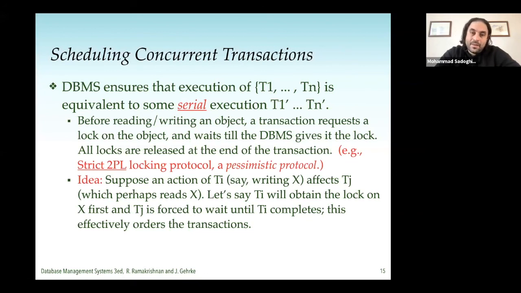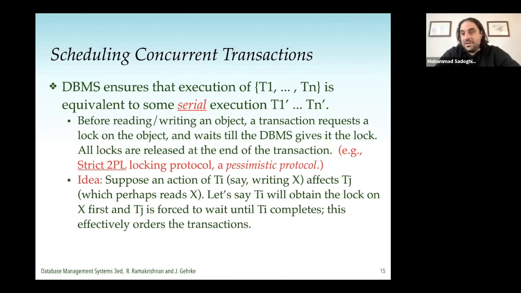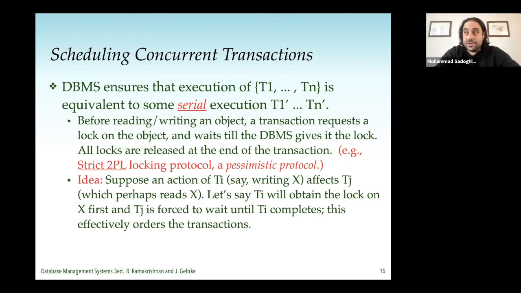If I do the first operation of the first transaction, then the first operation of the second transaction, then the second operation of the second transaction, then the second operation of the first transaction, so I do the first operations of all transactions and then the second operations of all transactions, that's an order.